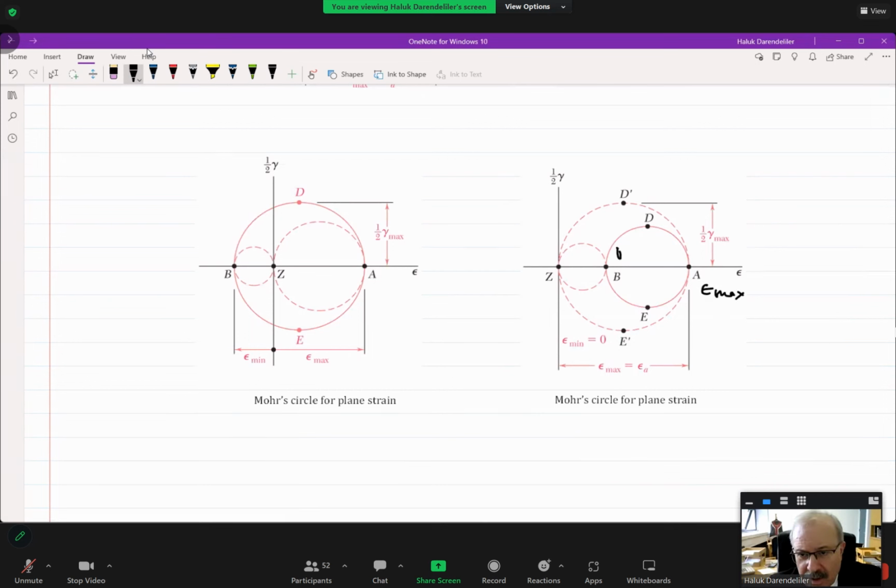At B, we have epsilon min, in plane. This is plane strain. Here, this is epsilon max, and B is epsilon min. So as a result, this is the first principal strain, this is the second principal strain, but we have a third one which is zero.